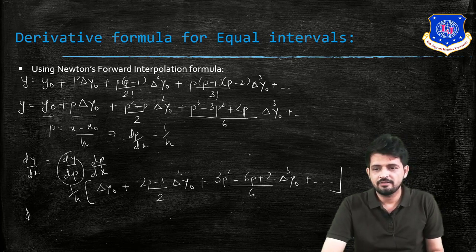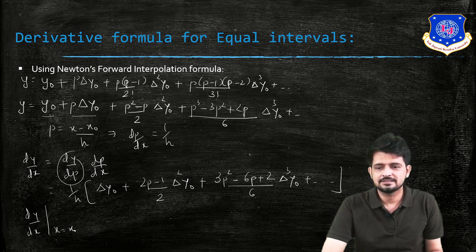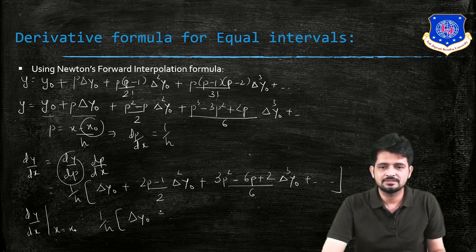Okay, now if I want to find the formula for dy by dx at x is equal to x0. See, if I am taking x is equal to x0 here, what will be my p? My p will be 0. So rewriting the equation, it can be written as 1 upon h into del y0 plus, with p as 0, minus del square y0 by 2.